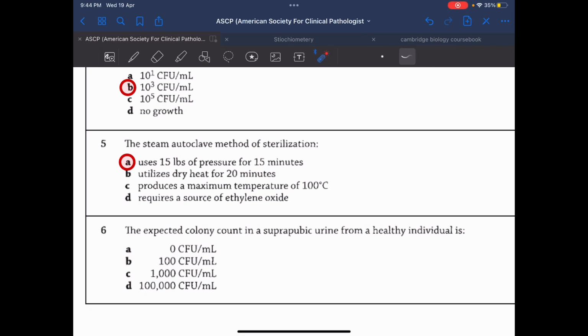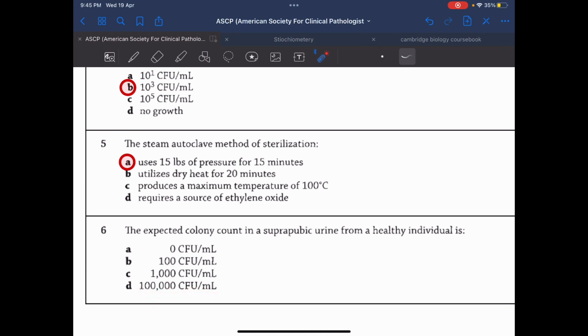Question number 6. The expected colony count in a suprapubic urine from a healthy individual is A. 0 colony forming units per ml, B. 100 colony forming units per ml, C. 1,000 colony forming units per ml, or D. 100,000 colony forming units per ml.